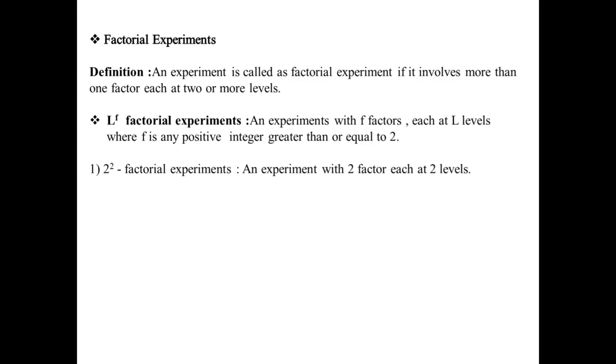The first design is the 2 square factorial experiment. What is it? An experiment with 2 factors each at 2 levels. In this type of experiment we have 2 factors and we consider each factor at 2 levels.